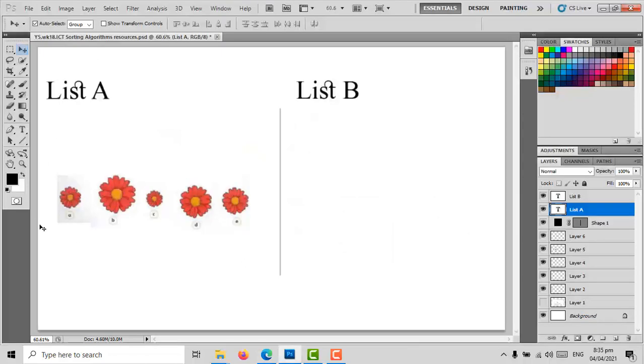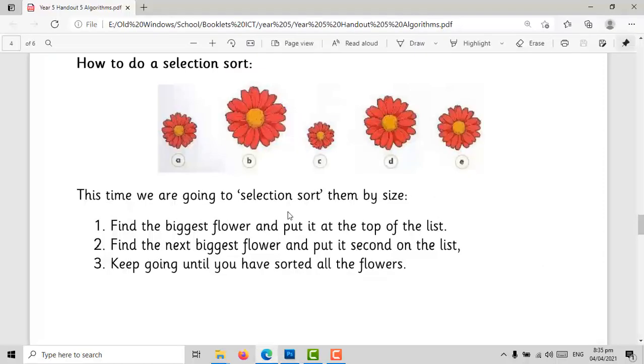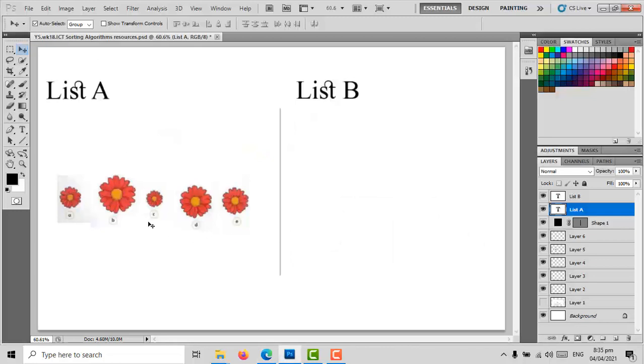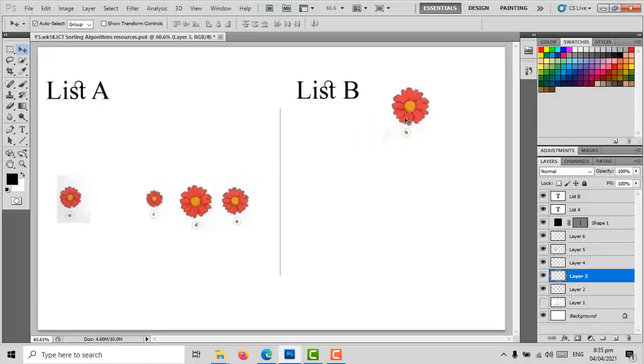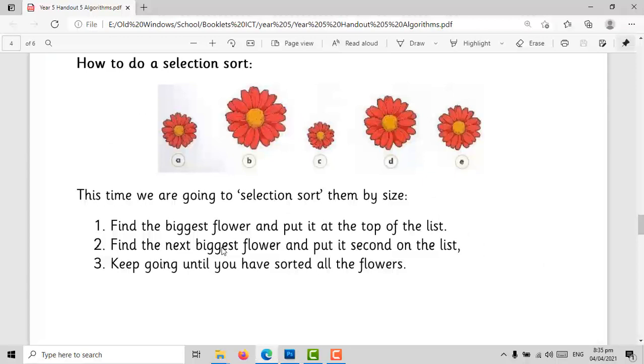Could you locate the biggest flower? A, B, C, D or E? Well, I think it's B, right? Find the biggest flower and put it at the top of the list. Now next, find the next biggest flower and put it second on the list.